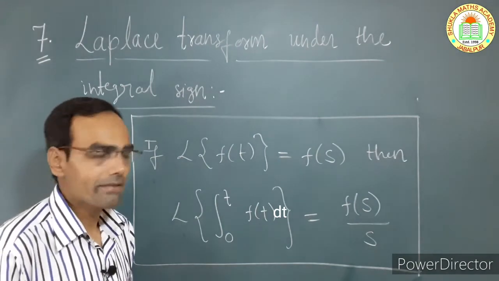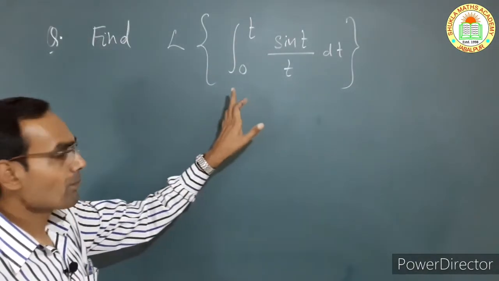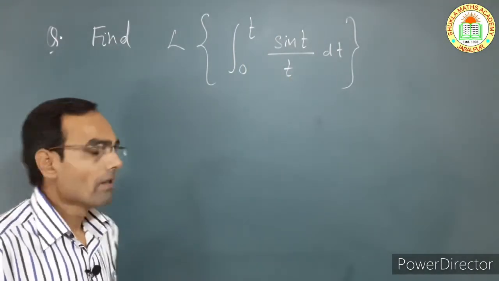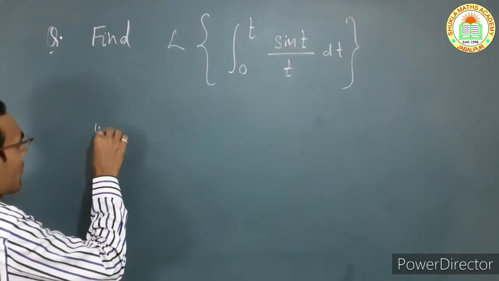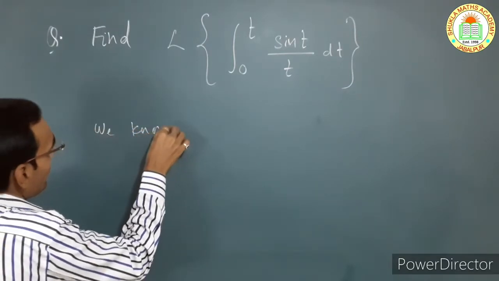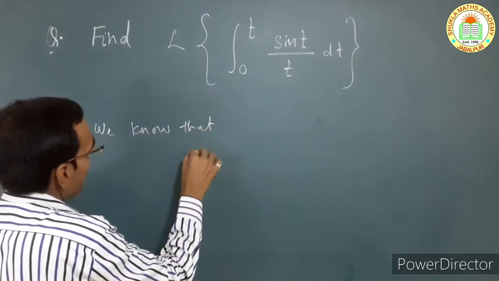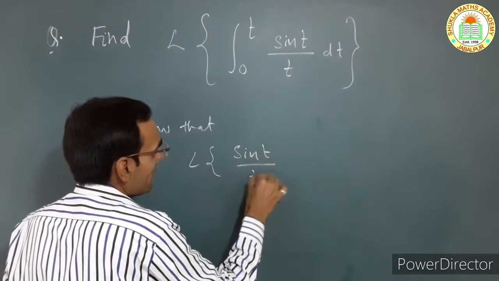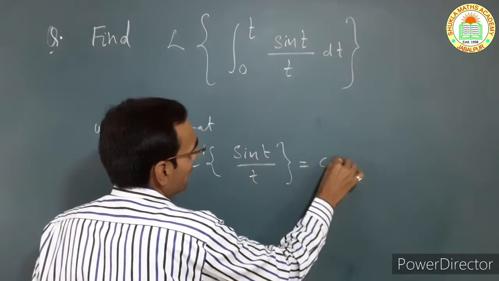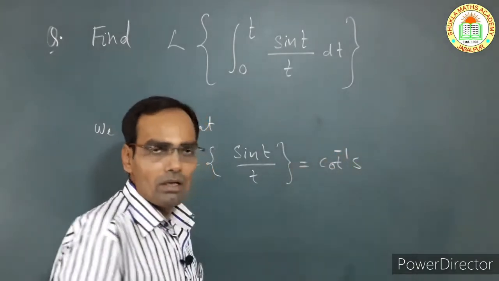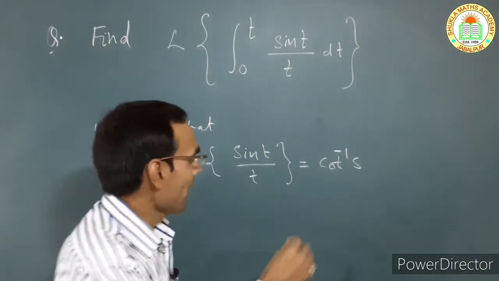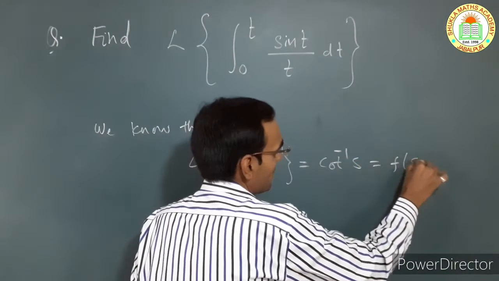I will explain this property by taking an example. Now see that the problem is to find the Laplace transform of the integral from 0 to t of sin t by t dt. So we know that the Laplace transform of the function sin t by t is cot inverse s, from our previous property of division by t, right? And say it is F(s).